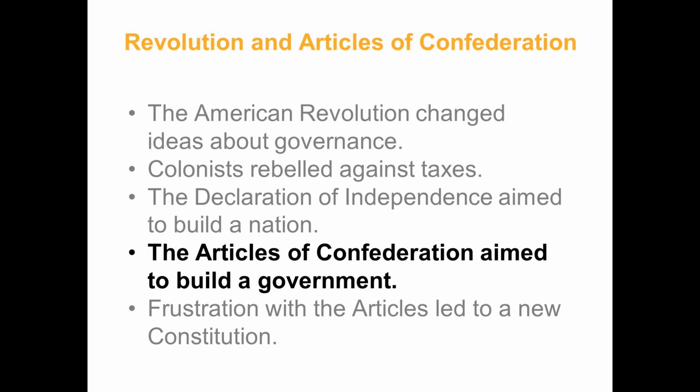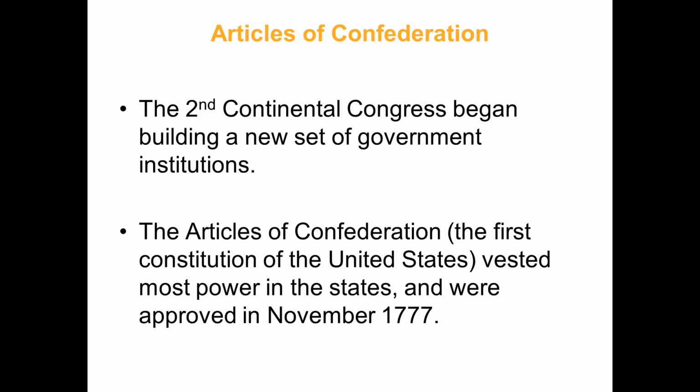In the immediate aftermath of the Declaration of Independence, the big question is, how is this new country going to be governed? At this time, the Second Continental Congress is still in session. They haven't disbanded yet. So one of their major tasks is to put forth a first effort at describing how the new national government is going to look, what its powers are going to be, what its structure is going to be.